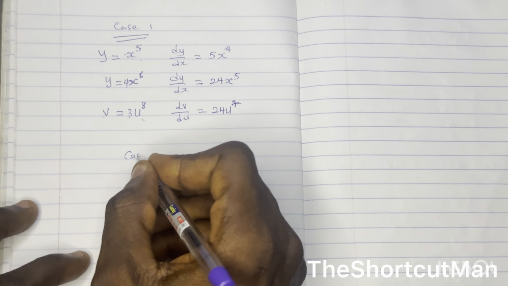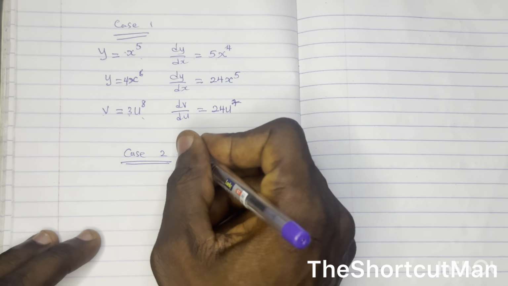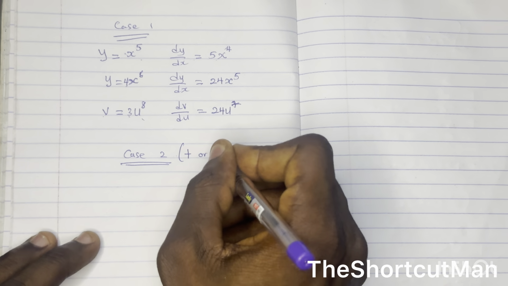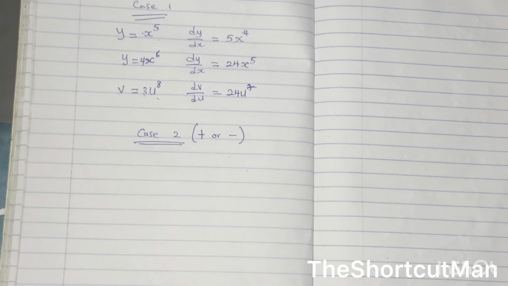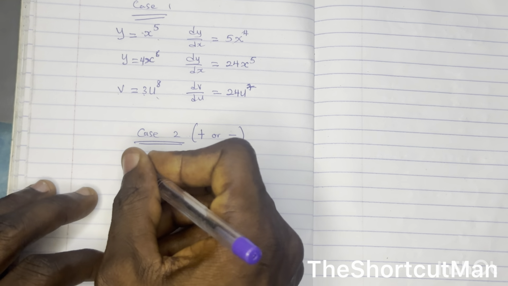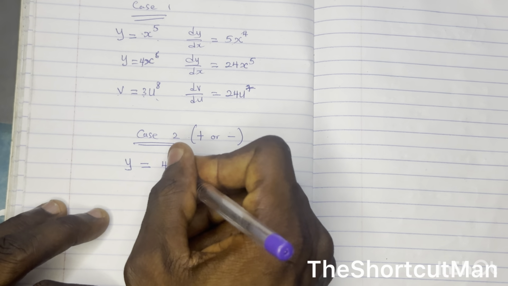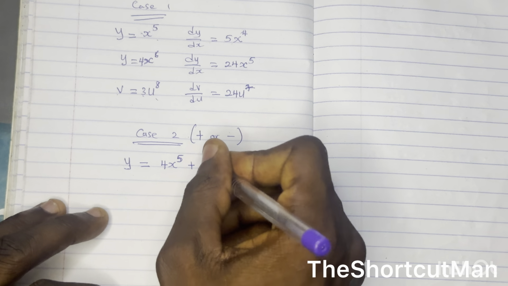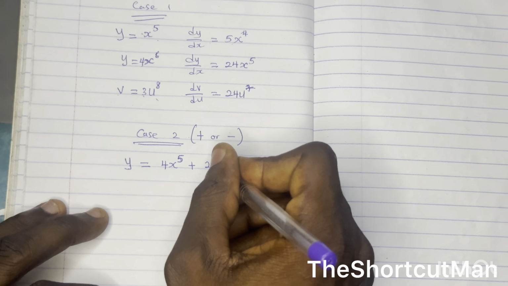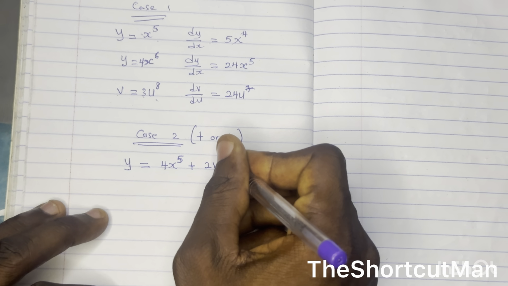Now case 2. I call it the addition or subtraction rule. When we say addition or subtraction rule, you can have y equals, let's say, 4x raised to the power 5 plus 2v raised to the power 10.